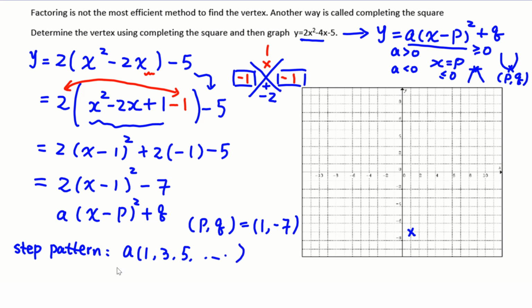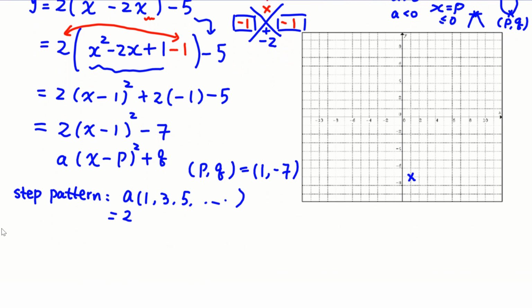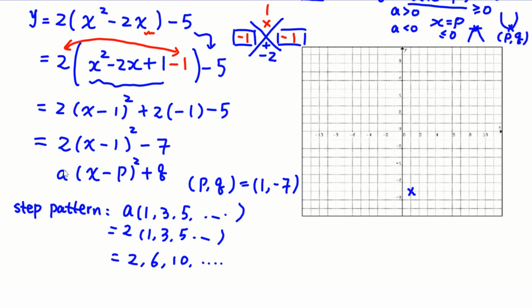So here a is 2, so we have 2 times 1, 3, 5, then that gives you 2, 6, 10, and continue.